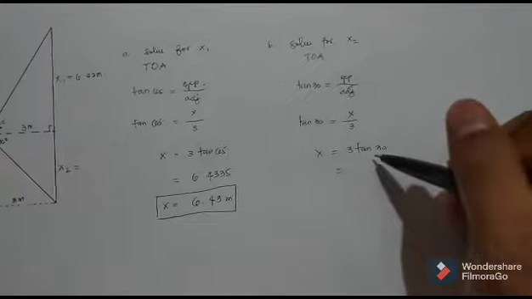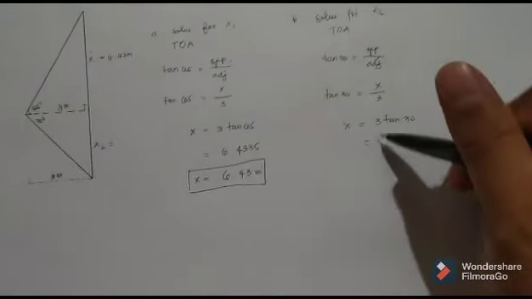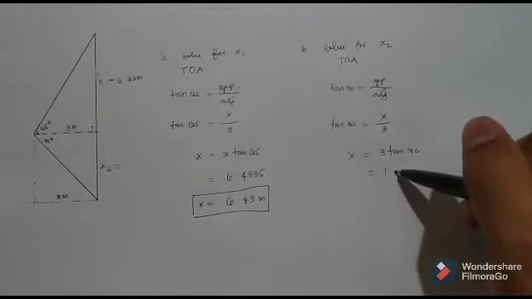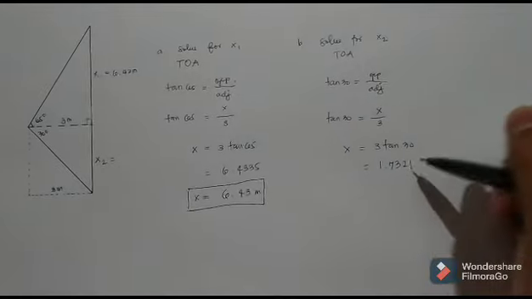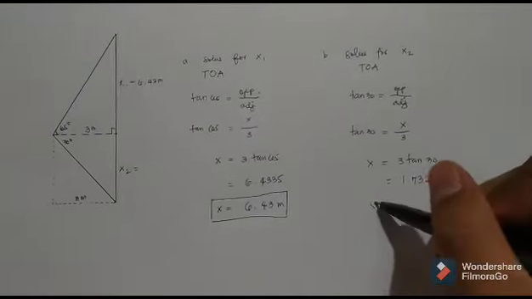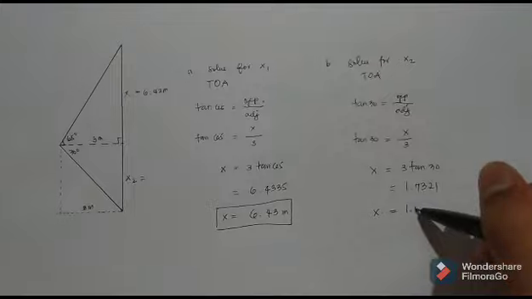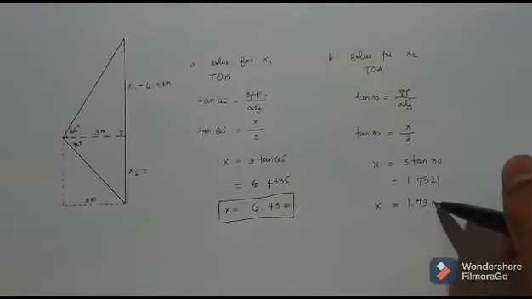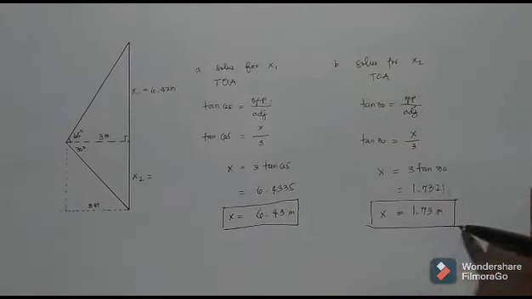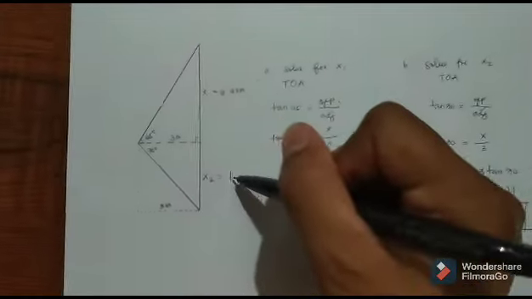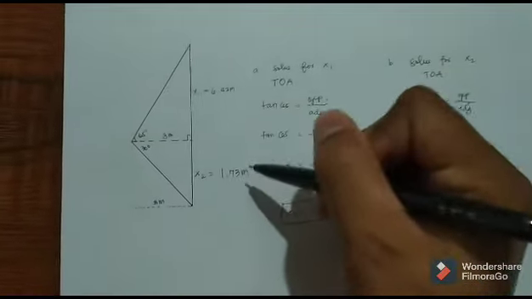What is tangent 30 times 3? That is equivalent to 1.7321, so x is equal to 1.73 meters.